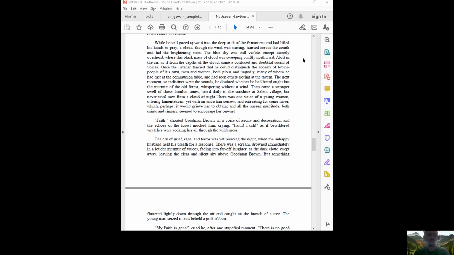The next moment, so indistinct were their sounds, he doubted whether he had heard aught but the murmur of the old forest, whispering without a wind. Then came a strong swell of those familiar tones heard daily in the sunshine at Salem Village, but never until now, from a cloud of night, there was one voice of a young woman uttering lamentations, yet with an uncertain sorrow and entreating for some favor, which perhaps it would grieve her to obtain, and all the unseen multitude, both saints and sinners, seemed to encourage her onward.